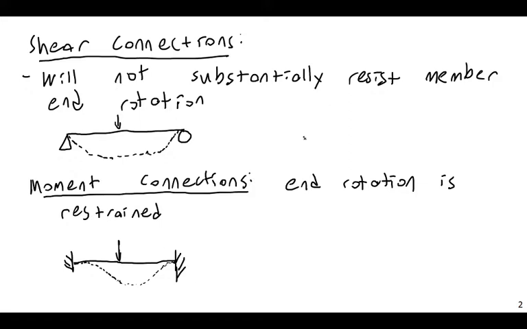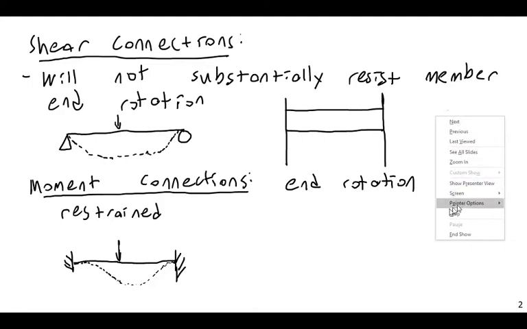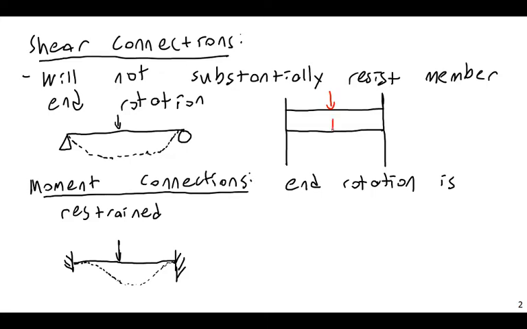Now, how does this look in a frame? Say we had a frame with beams joined into two columns. Let's say I have two beams connected to two columns, and I apply two point loads here and here.